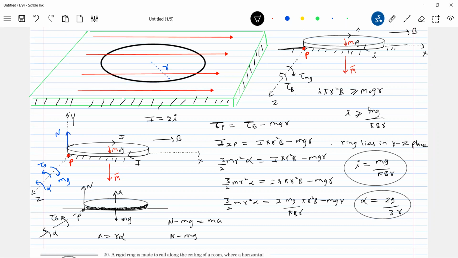So N minus mg equal to mr alpha, and the value of alpha we know. Substituting, N equals mg plus mr alpha, with alpha as 2g by 3r. So the normal reaction will become equal to 5mg by 3. And what is mg further? mg is not given for us, but you can replace it from this data, πBr. And this will be our end answer.